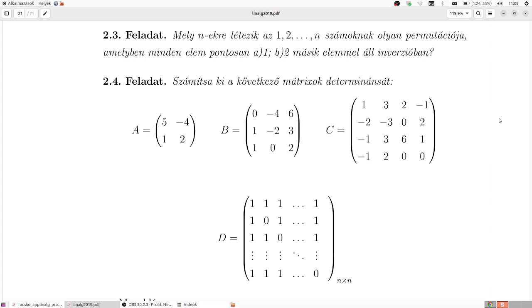Is it negative 10 thirds? Just a moment. Yes.